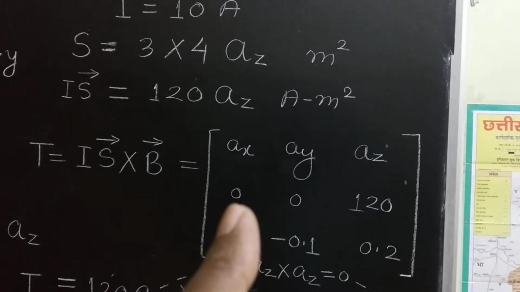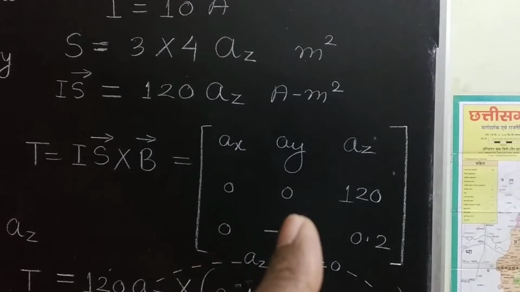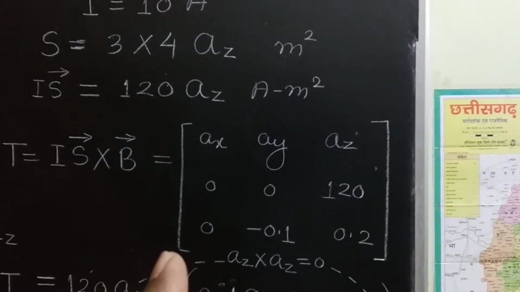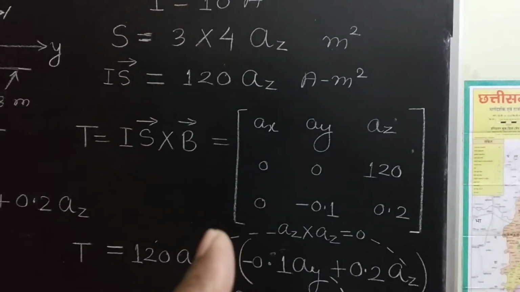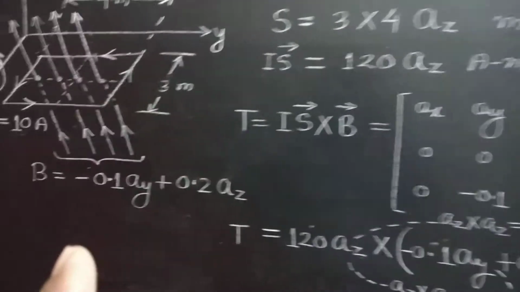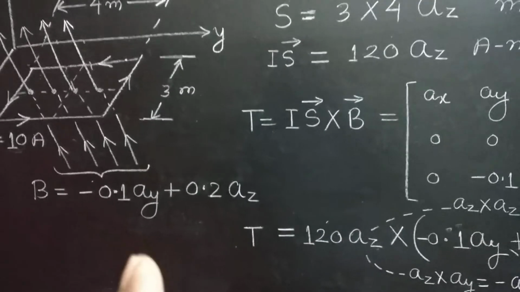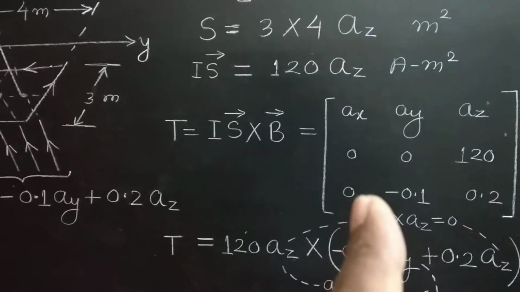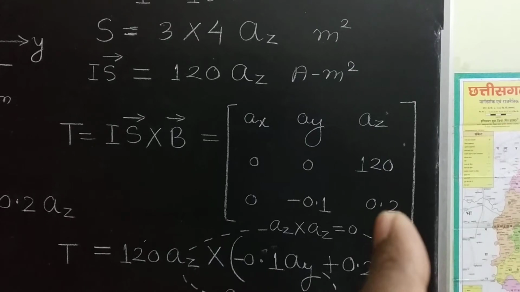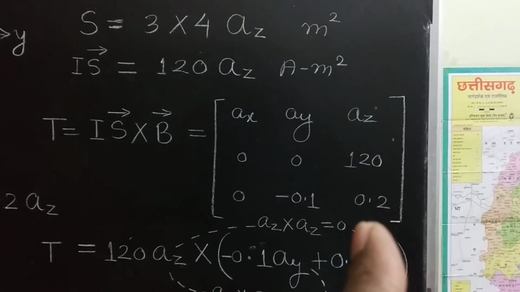For IS, the X component is 0, the Y component is 0, and only the Z component exists, that is 120. Similarly for B, which is minus 0.1 AY plus 0.2 AZ, the X component is 0, the AY component is minus 0.1, and the AZ component is plus 0.2.